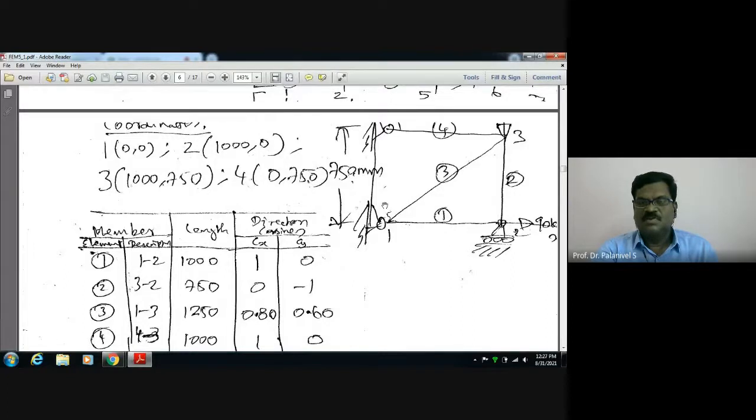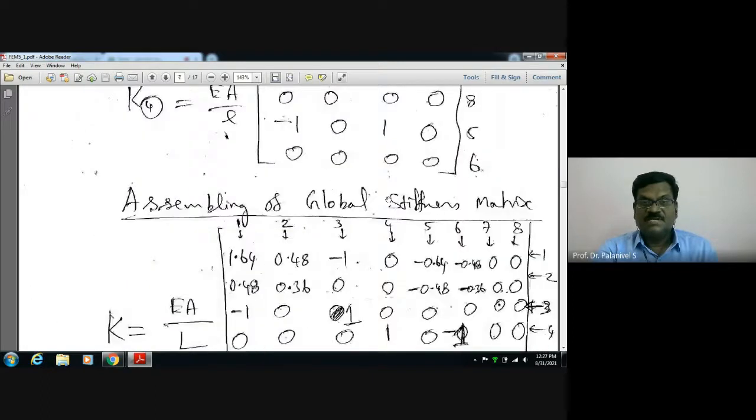Displacements are 0 here, we know. Here only horizontal displacement is there. Vertical displacement is 0 because of the roller. So V2 is 0. Here both U3, V3 exist. Here U4, V4 are both 0. Okay, that's what I have written here.